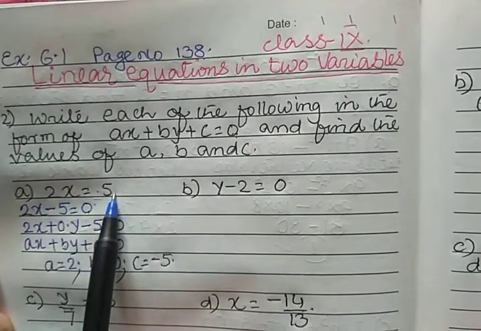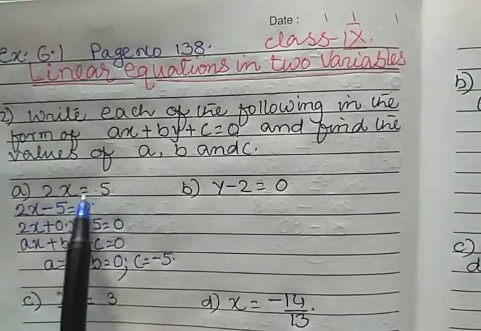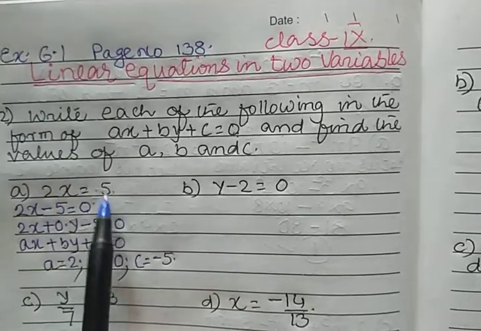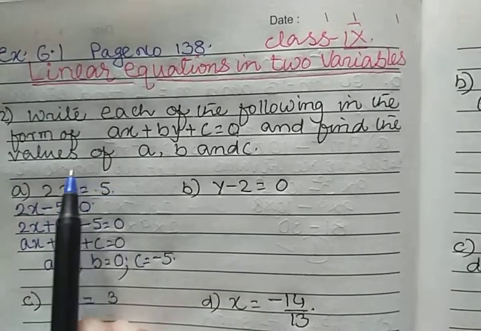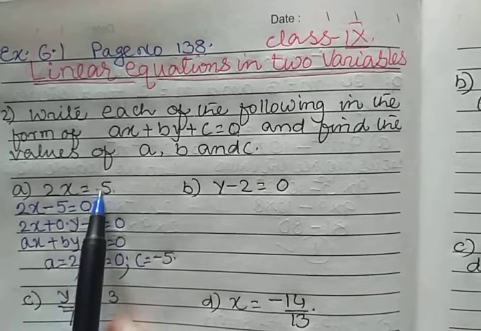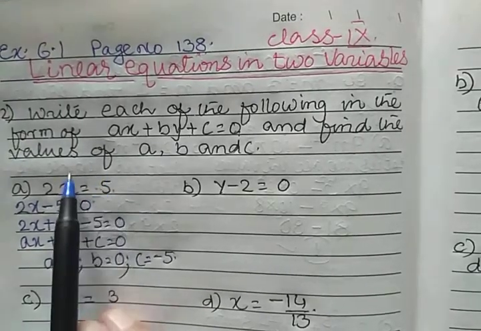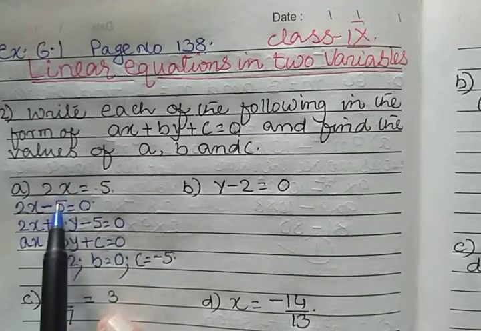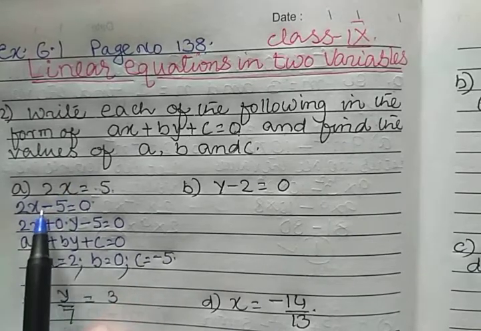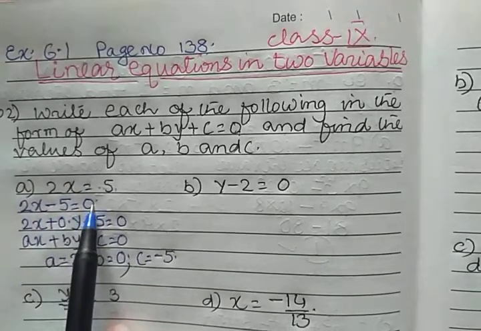What is the equation given? 2x is equal to 5. What we did, we took this 5 to the other side. Here it is plus. When you change to that side, it will become minus. 2x minus 5 is equal to 0.